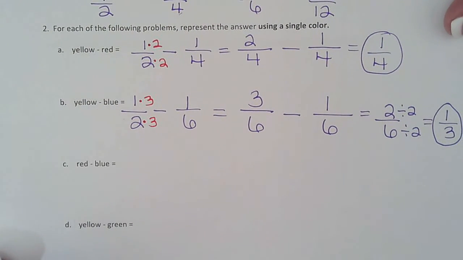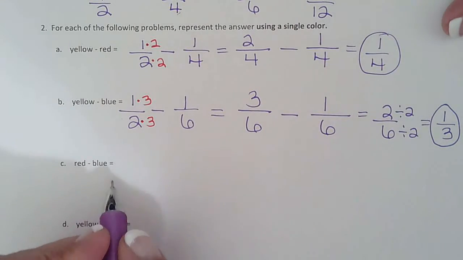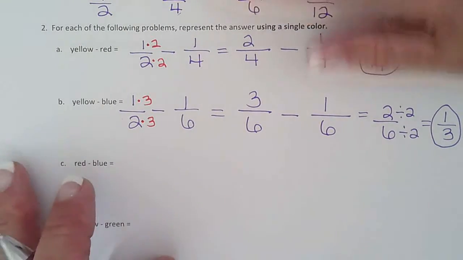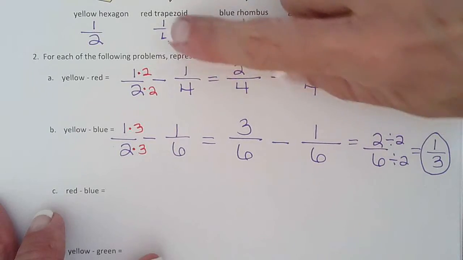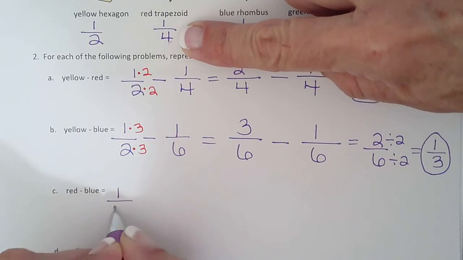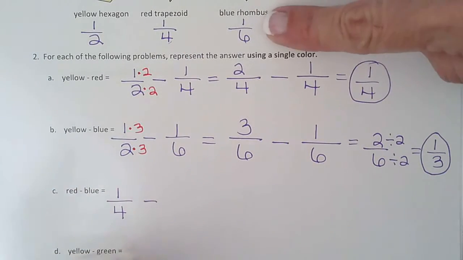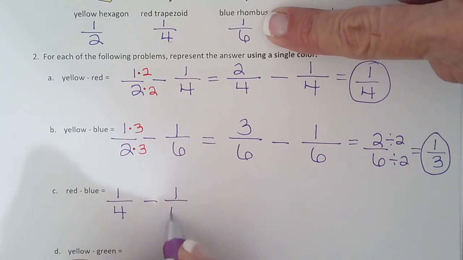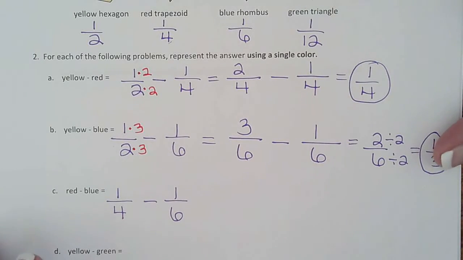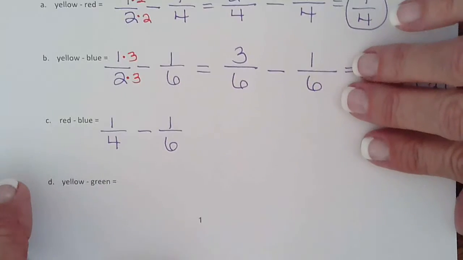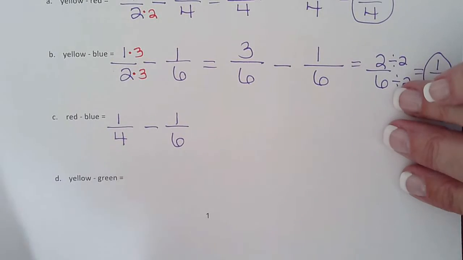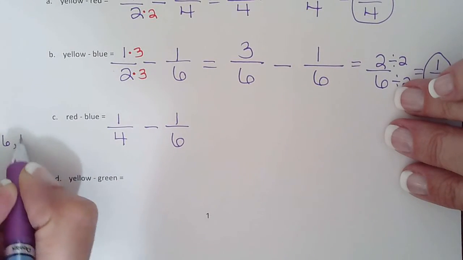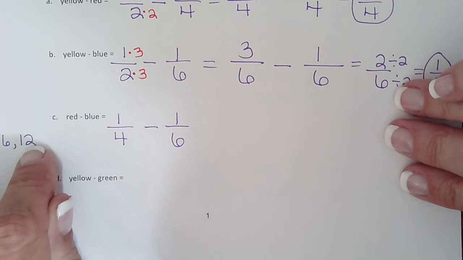Okay, red minus blue. So red is, trying to keep everything in the picture. So red is 1/4 minus blue is 1/6. So use the trick I taught you. Does 4 go into 6? No. So then do 6 times 2, 12. Does 4 go into 12?